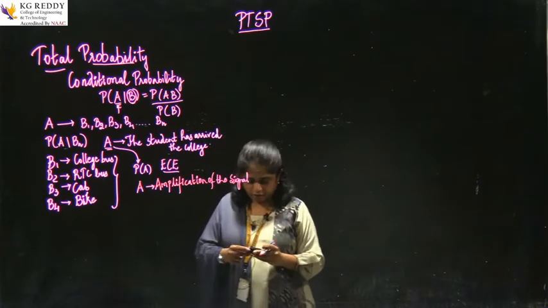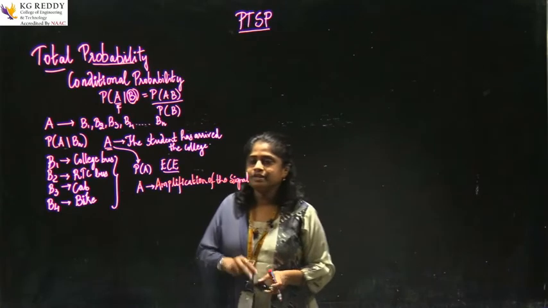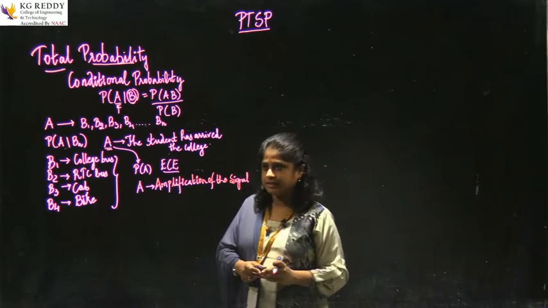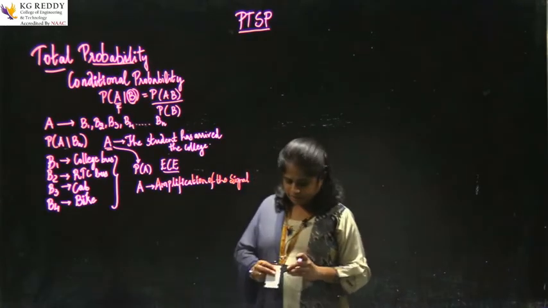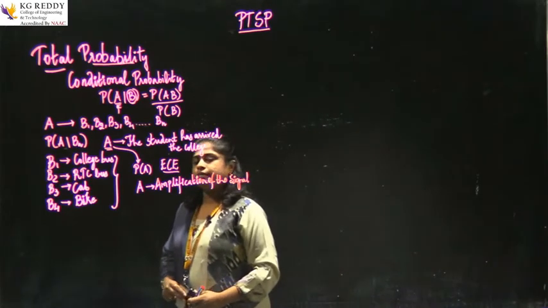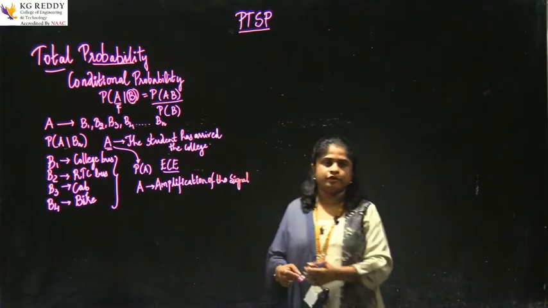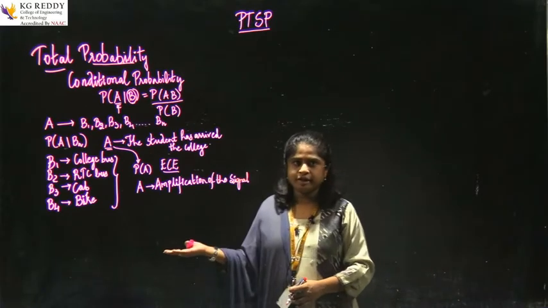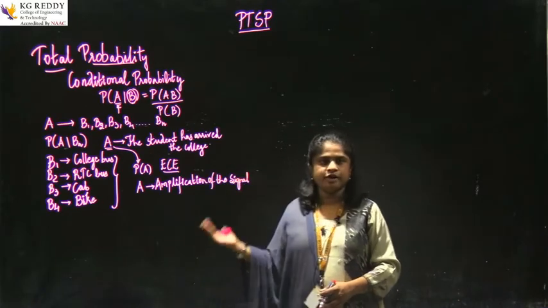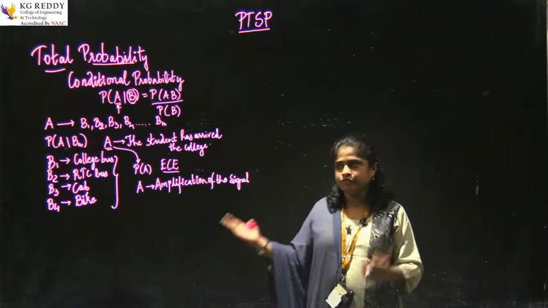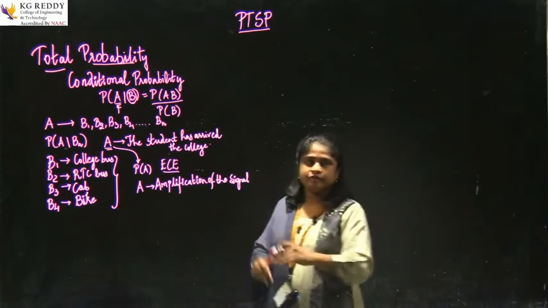Amplification can take place by any of the means. For example, we have different types of amplifiers: common emitter amplifier, common collector amplifier, common base amplifier. Any of the amplifiers can amplify the signal.